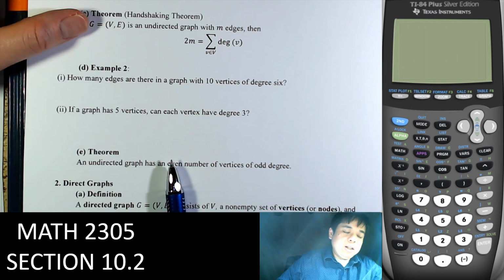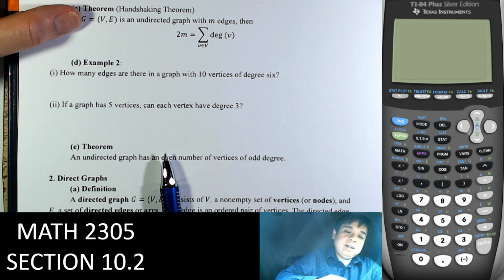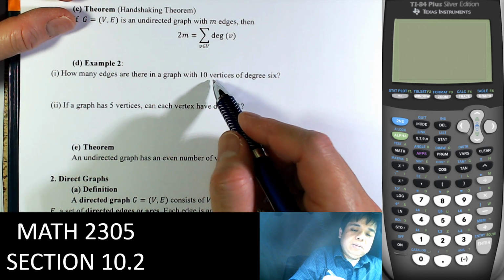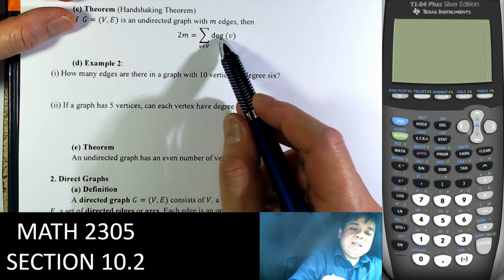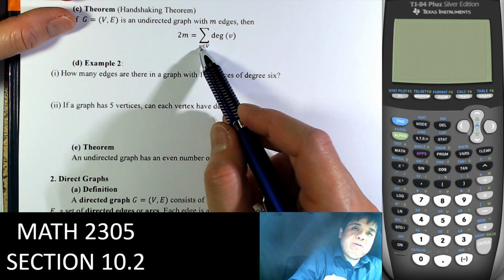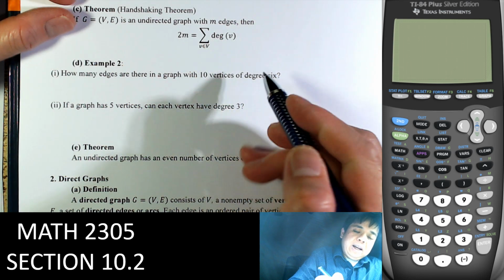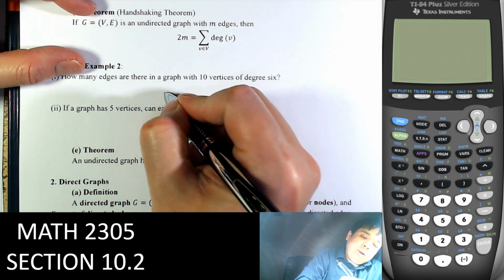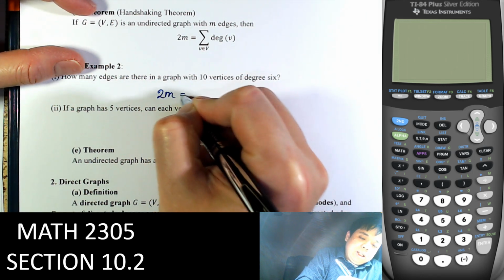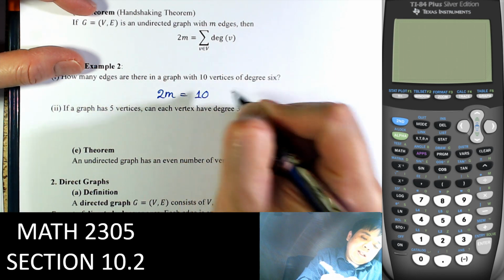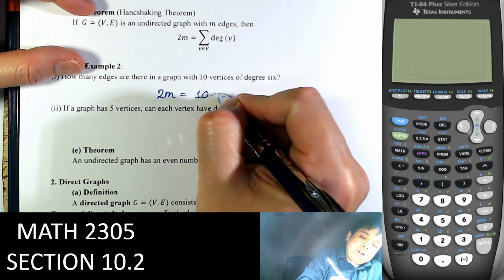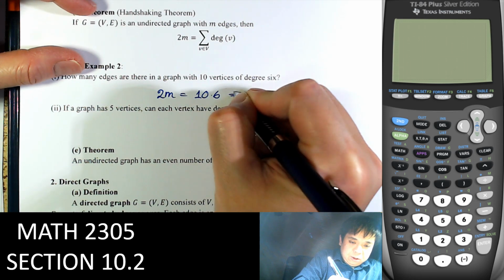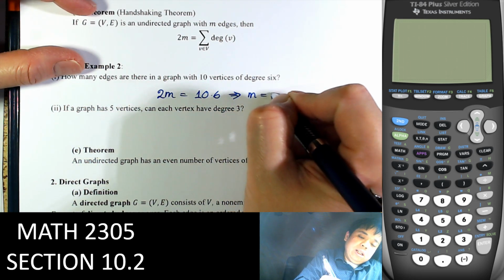How many edges are there in a graph with 10 vertices of degree 6? We have 2 times m is equal to 10 vertices, degree 6 each. So that means m is equal to 30.